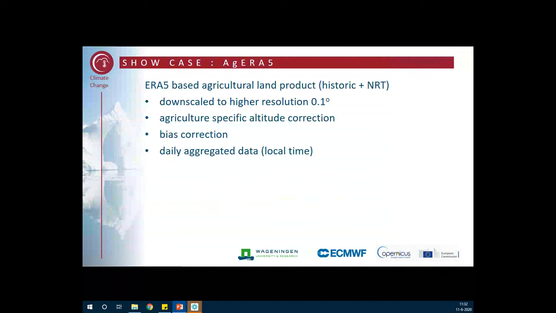So what we did, we provided them with a downscaling to go to even higher resolution. We did some agriculture-specific corrections there, bias correction, and we aggregated to a daily time scale, which most crop models still depend on, and then also adjusted for local time around the world.